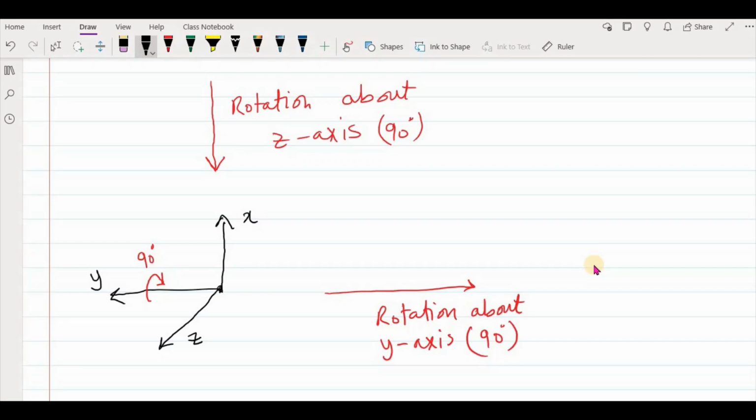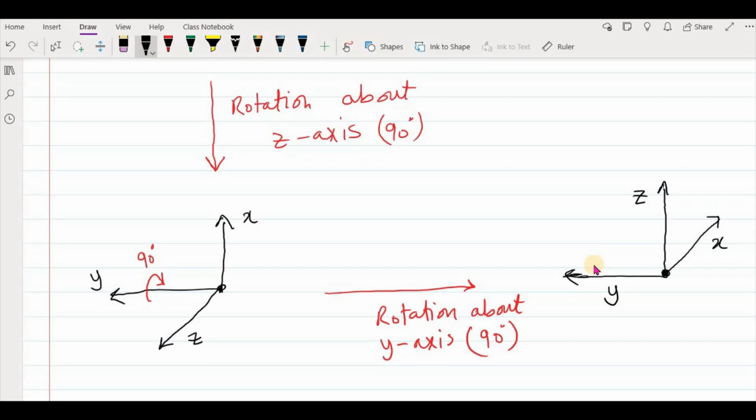So here you have the y-axis, here you have the z-axis, and this is the x-axis. So this is after rotation about the y-axis.